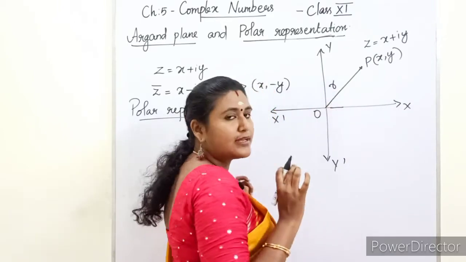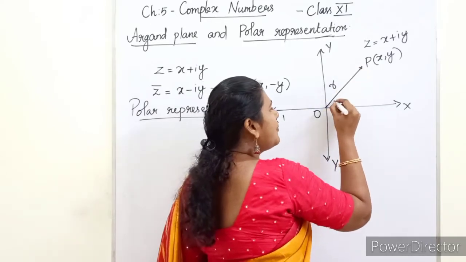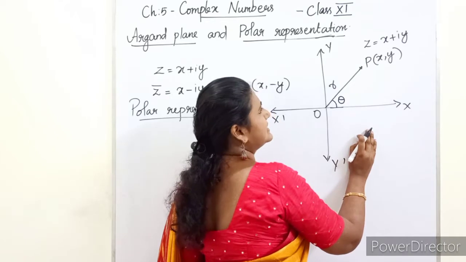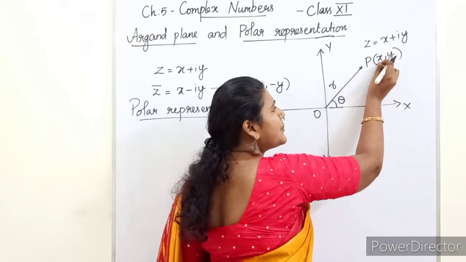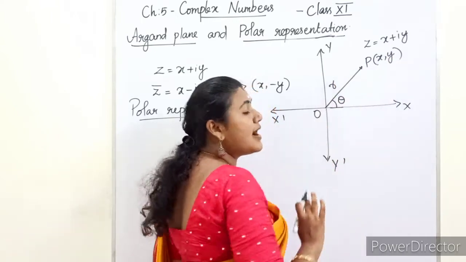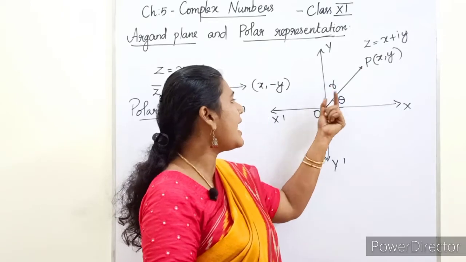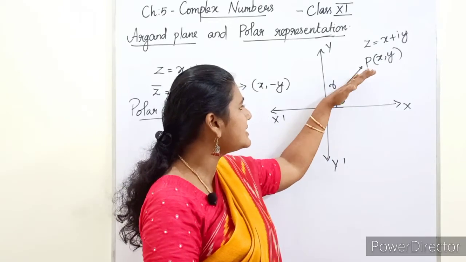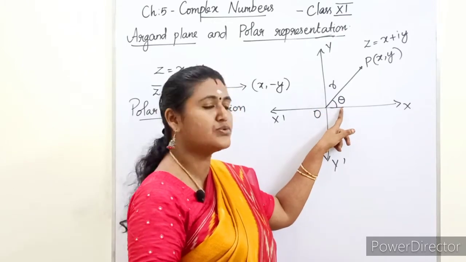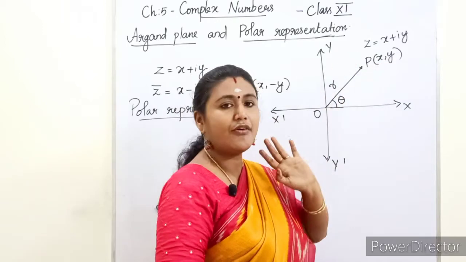If we denote the length of the line segment OP as r, and if this line OP makes angle theta with the positive direction of the x-axis, then we can represent the coordinates x and y in terms of r and theta. So if we know the length OP and the angle made by this line with the positive direction of the x-axis, that is r and theta, we can write the coordinates of this point.